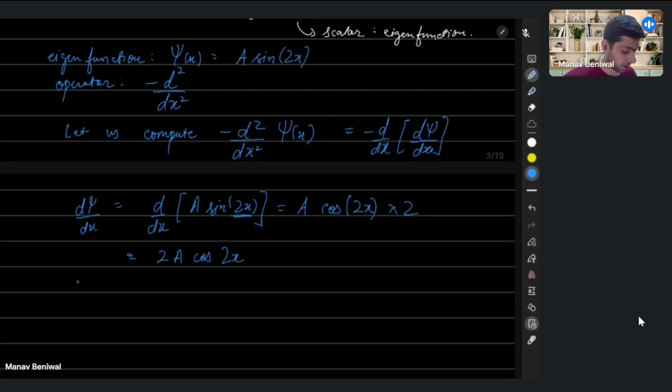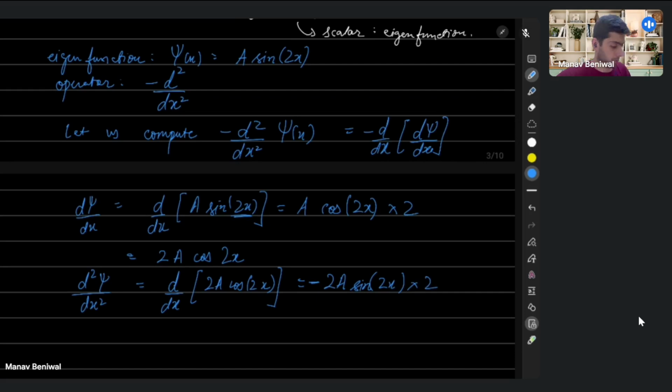Now again differentiating this, we get d2 psi over dx squared, which is d by dx of 2a cos 2x. So 2a, and differentiation of cos gives a minus sign, so we get a minus outside, and again this is multiplied by 2.